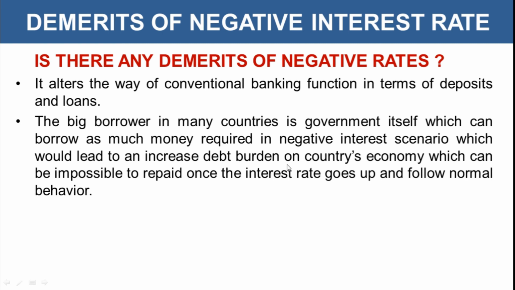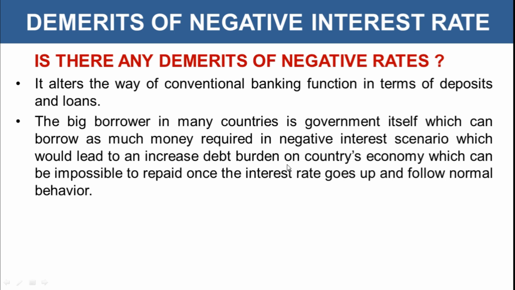So see, negative interest rate is not a constant policy which can be there in the economy every time. It is just implemented for a shorter period to deal with some economic situation, like we talked about deflation and economic downturn. Now when the economy starts recovering, what will happen then? The interest rate will increase.